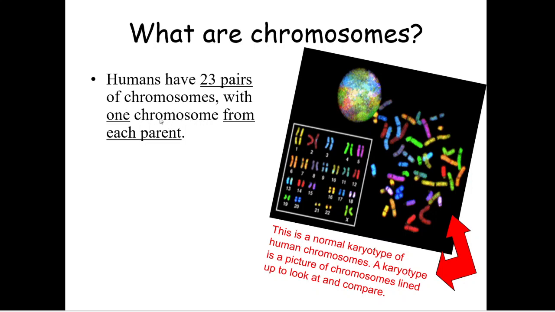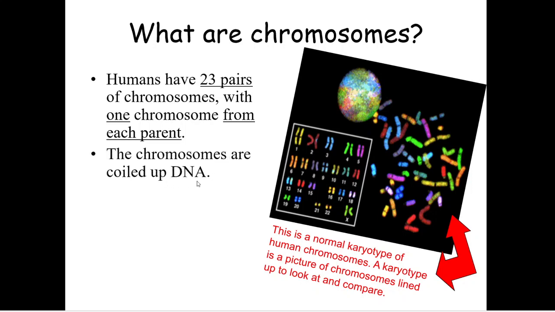Our gametes, when we talked about meiosis, were haploid, and that's why we only have half of these. We have a total of 46 chromosomes, so 23 pairs times 2 is 46 chromosomes, and that's what you have inside your body. And then when we have our gametes, we get 23, okay?